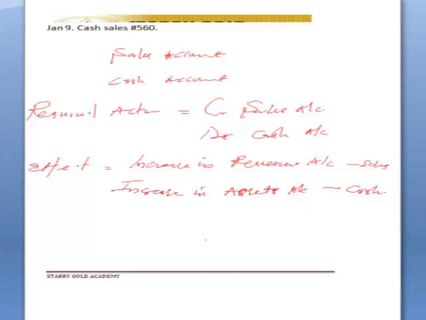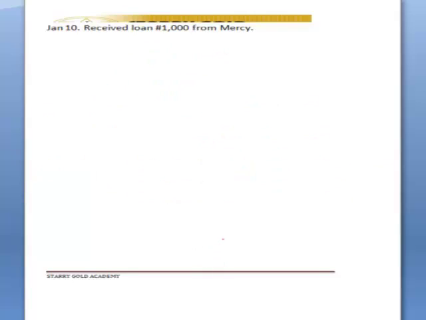Okay, so receive loan 1,000 naira from Mercy. Now look at it. It was not stated either by cash or by check. Whenever such is like this and the examiner is silent, we always take cash. Take note of that. So this is cash account and Mercy.